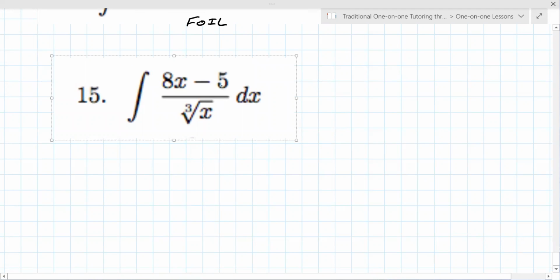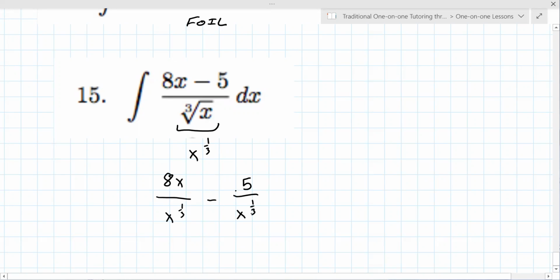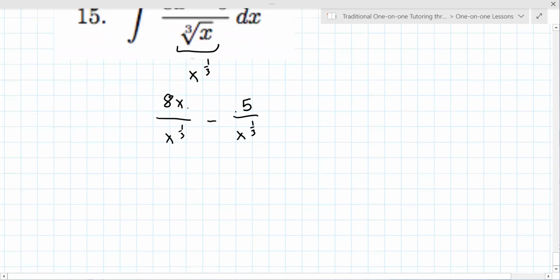So sometimes when you get so into calculus, you forget, oh yeah, I can do just these operations. Like this bottom thing is x to the 1/3. And if you divide both of these by x to the 1/3, you get a nice power rule thing. So this is 8x to the 2/3 because you're subtracting the exponents. Here, you're just rewriting it as a negative exponent.